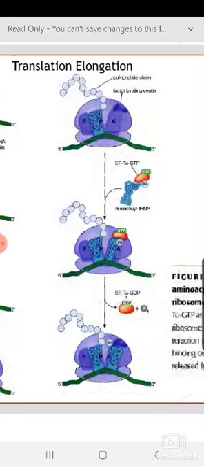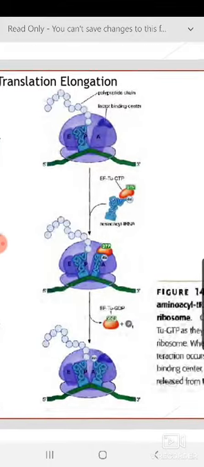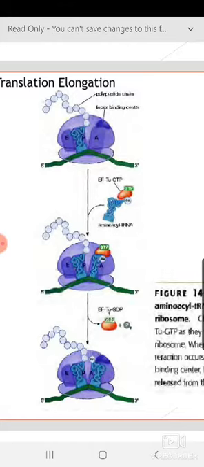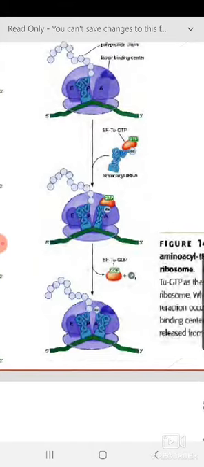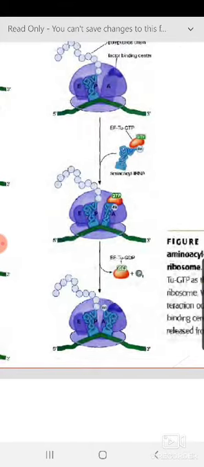Now, this protein helps to escort the amino acid tRNA, to which site? The A site. There is a factor binding center just adjacent to the A site, present inside the bigger subunit of the ribosome, from where this factor enters and occupies the A site of the ribosome.